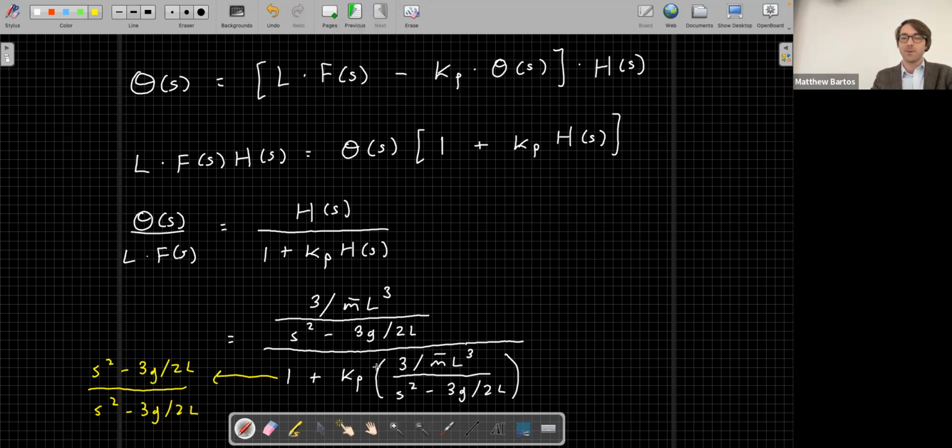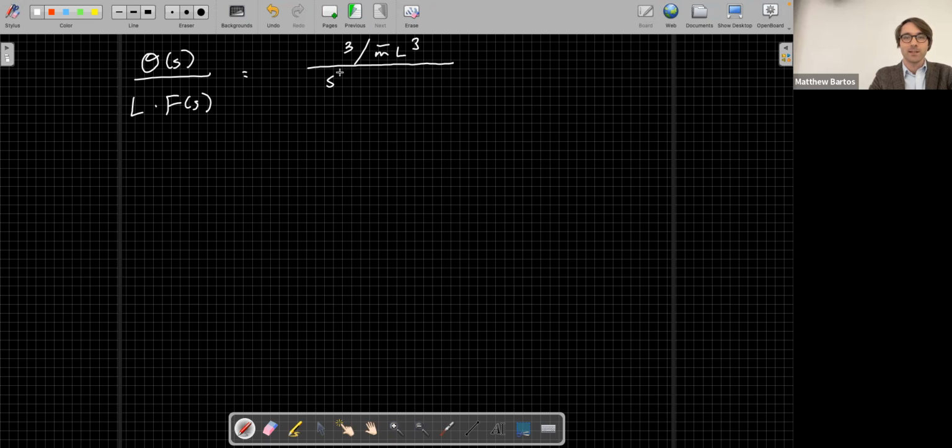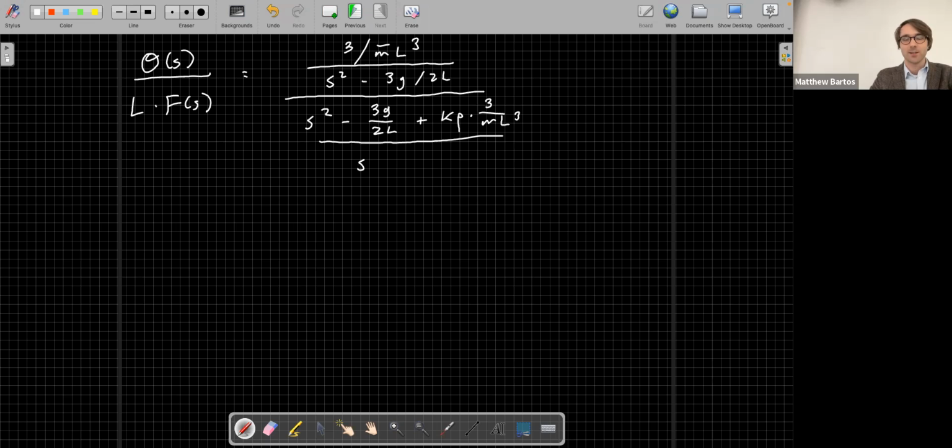Okay, so we're going to expand out this term in the denominator. So we have theta s over L times f of s is equal to, okay, we have the same numerator as before, so 3 divided by m bar L cubed divided by s squared minus 3g divided by 2l, all over s squared minus 3g over 2l plus kp times 3 divided by ml cubed, all divided by our original denominator, s squared minus 3g over 2l.